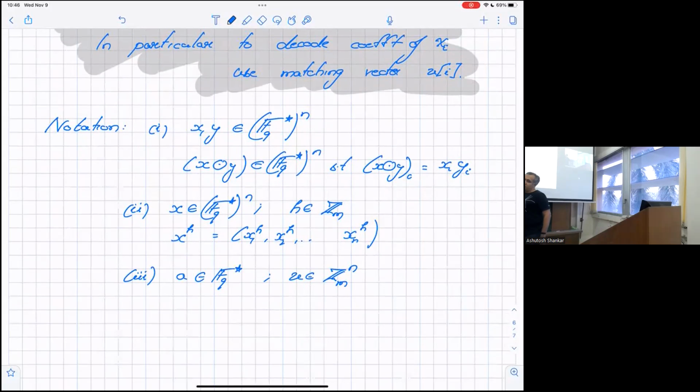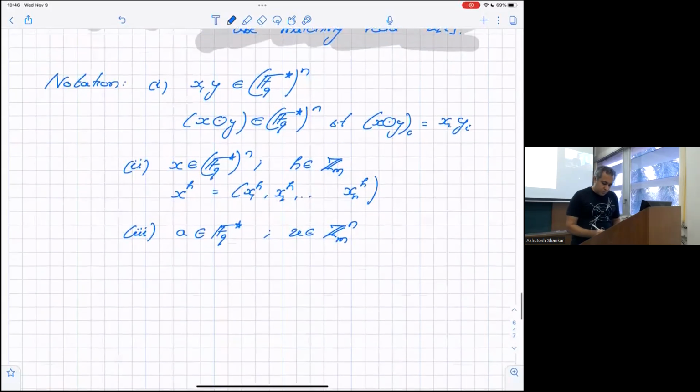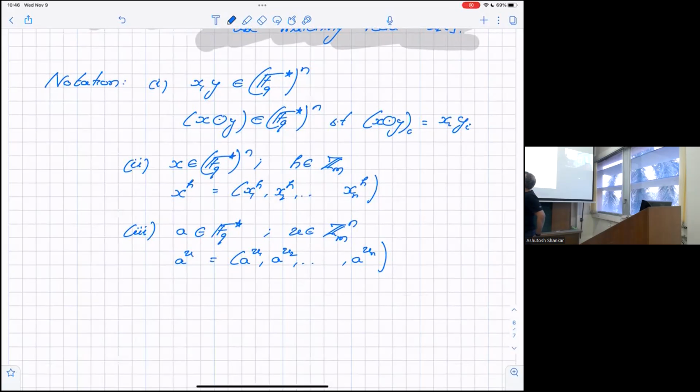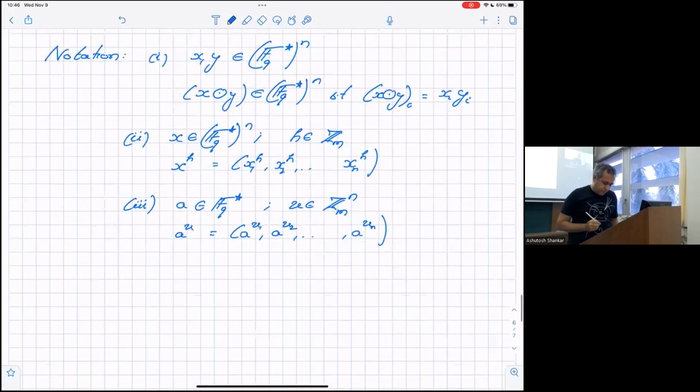When I write A to the U, what I mean is first take A to the U1, A to the U2, and so on, A to the U_n. So it's not usually very well defined, but I'm going to use this sort of shorthand notation to keep things simple.